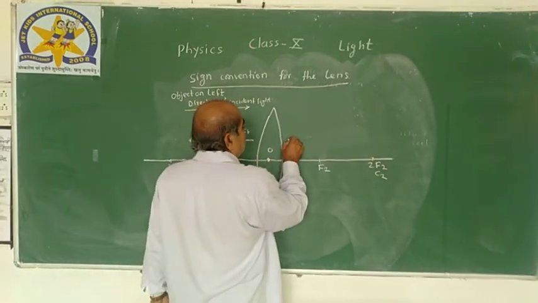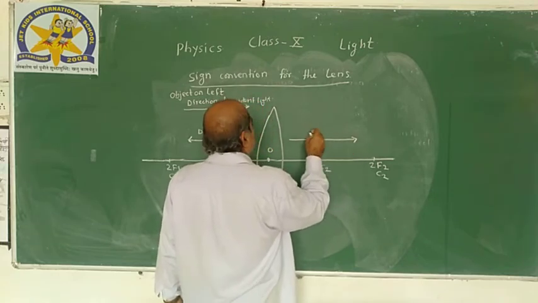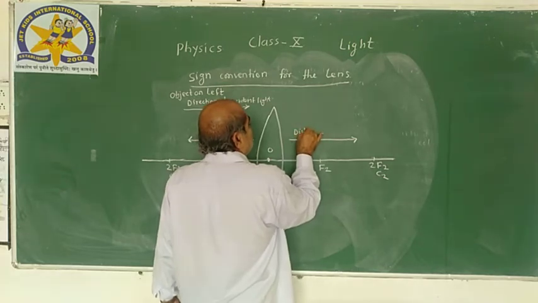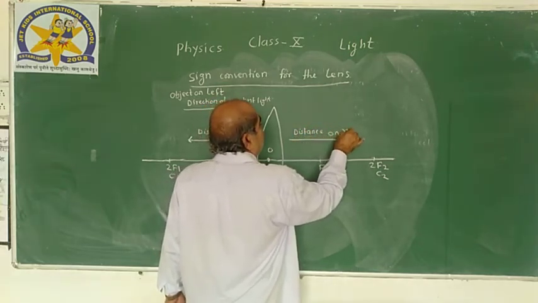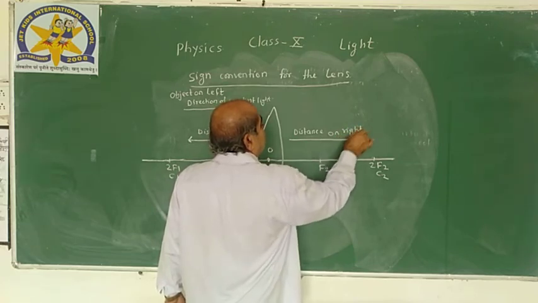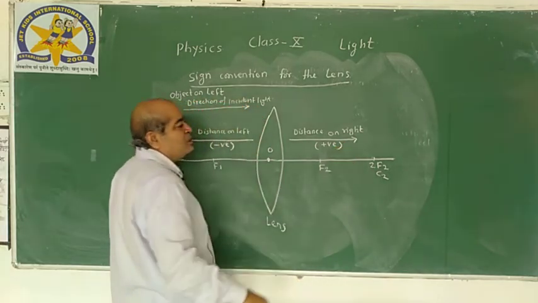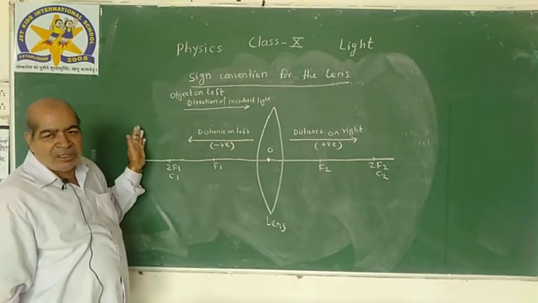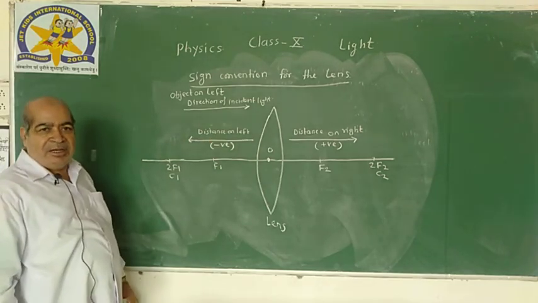Similarly, the distances measured to the right of the optical center are always taken as positive. So the direction of the arrow is on the left, or on the right.